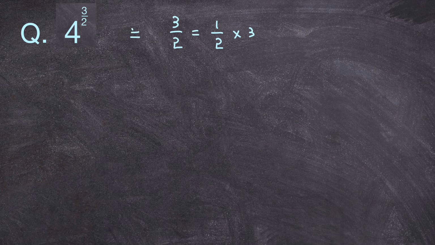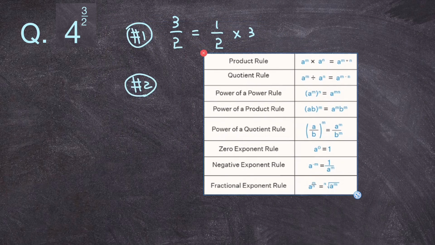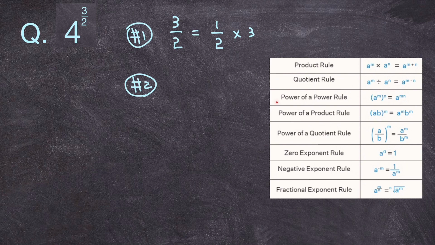So that's point number 1 that you need to remember. Point number 2 is the exponent rule, in fact, the power of a power rule. And it looks like the following. Power of a power rule: a raised to the power of m raised to the power of n is equal to a raised to the power of m times n.